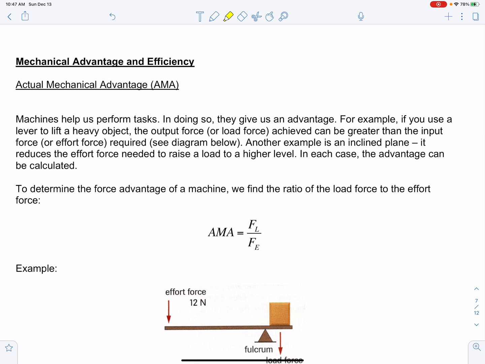To determine the force advantage of a machine, we find the ratio of the load force to the effort force. So actual mechanical advantage can be found by finding this ratio, the ratio of the load force over the effort force. Okay, let's try an example.